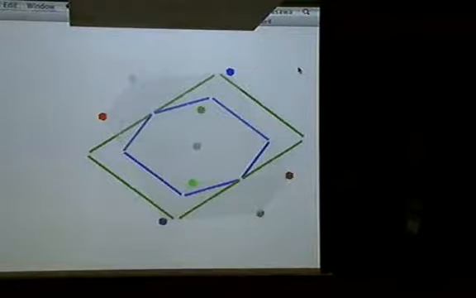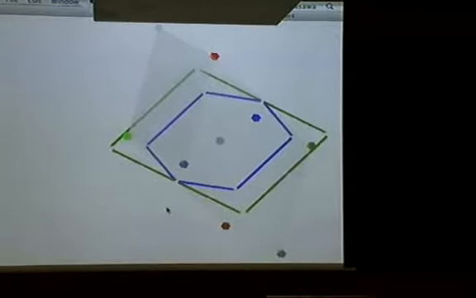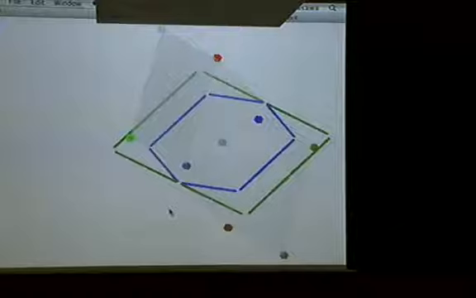The new Thurston polygon in the Dehn filling manifold is this green one. So for every Dehn filling coefficient, we can compute this green one, the Thurston polytope of the Dehn filled manifold.